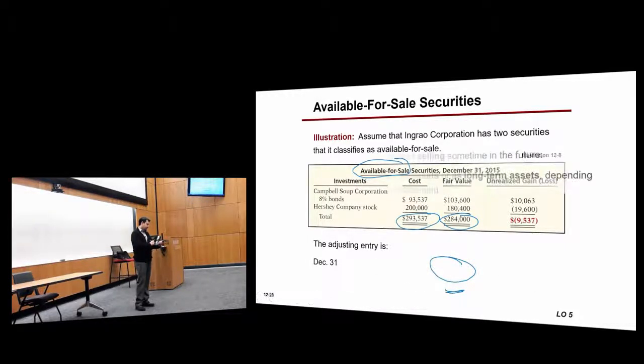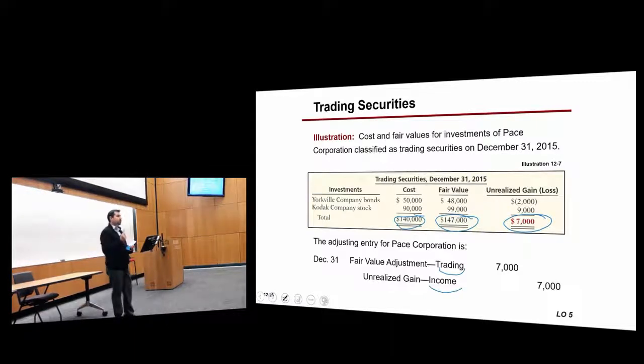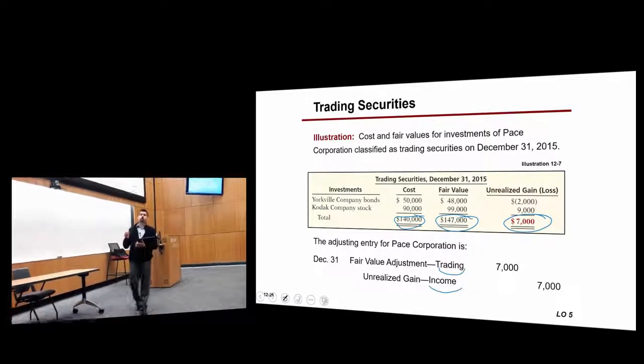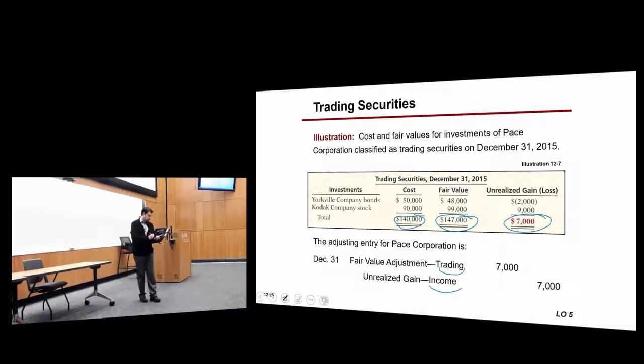So when we had the gain, it's like this one here. What did we do to fair value adjustment? We debited the account, right? We credited gain and we debited fair value adjustment. So when you have an unrealized gain, that's what you do. You credit unrealized gain, you debit fair value adjustment, okay?